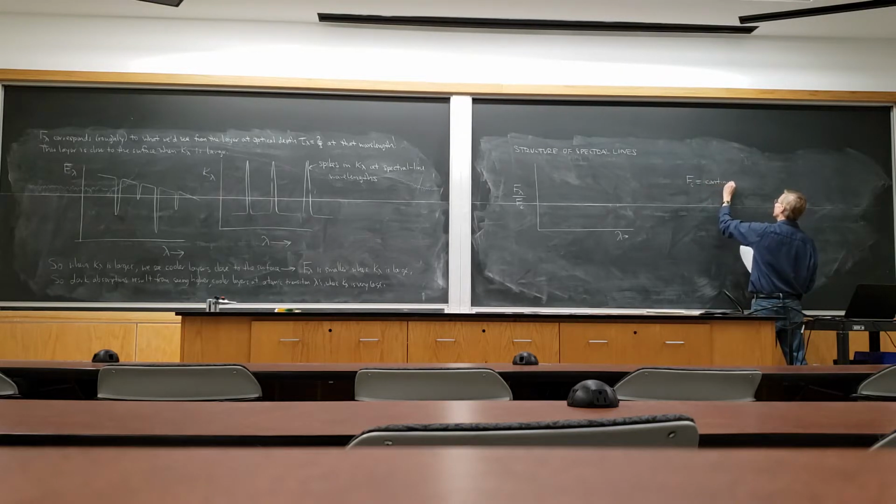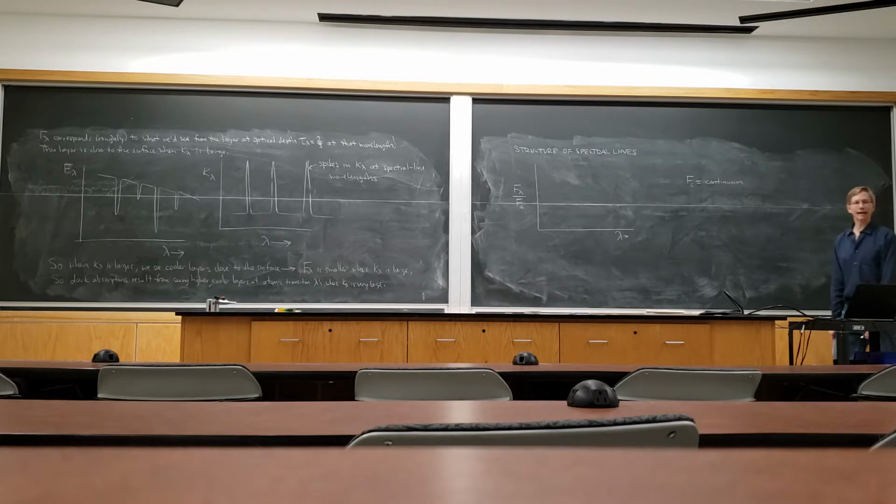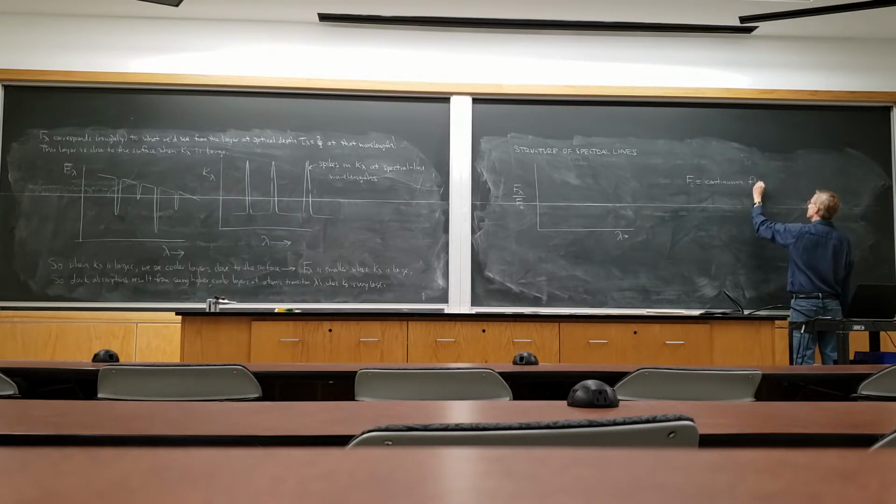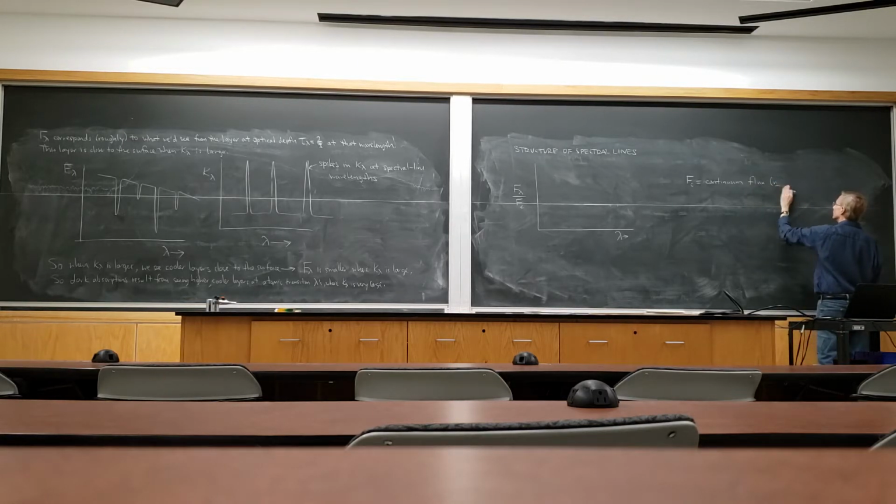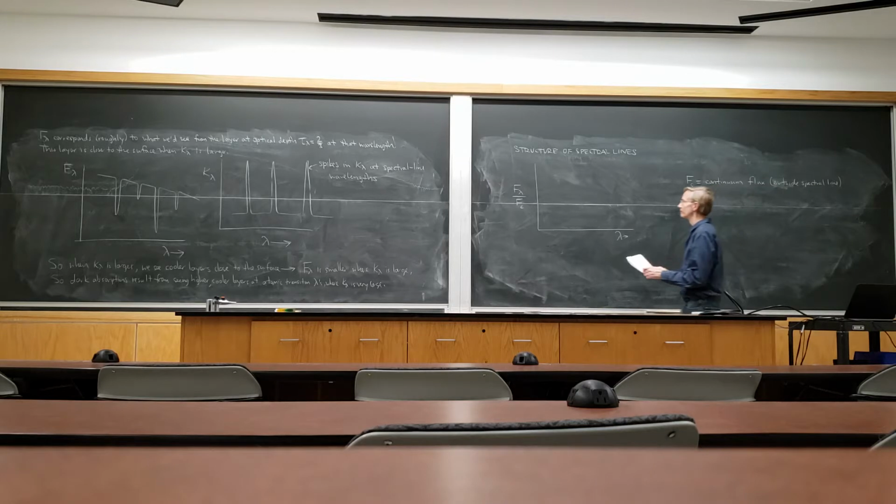In other words, the flux not at spectral line wavelength, so outside the spectral line. Now the continuum flux looks roughly like a blackbody curve, but for any one wavelength, it's nearly constant at wavelengths just a little shorter and a little longer than the wavelength of the spectral line.